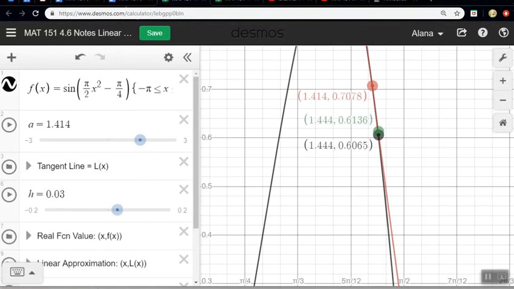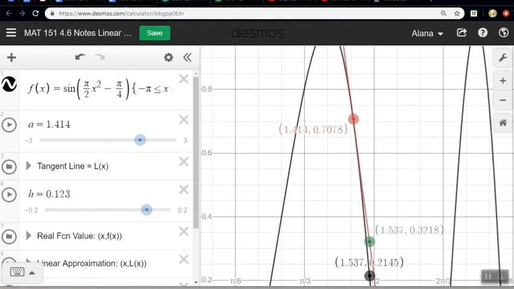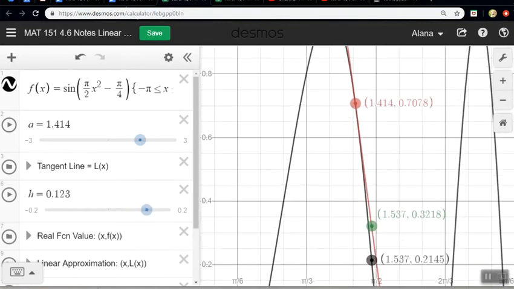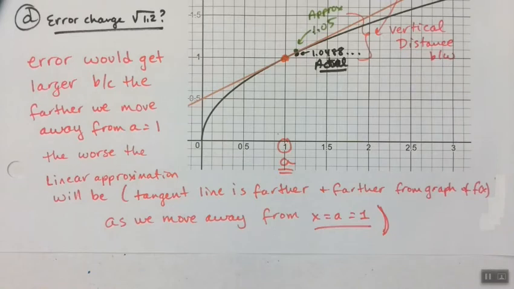See how close the green and the black dot are. 0.616 to 0.606. But if I get farther away, those dots get farther apart, and they're no longer anywhere close to each other at 0.32 and 0.21. So the farther you get away from your grounding point, the worse it's going to be, which I believe will actually be the point of the next page.